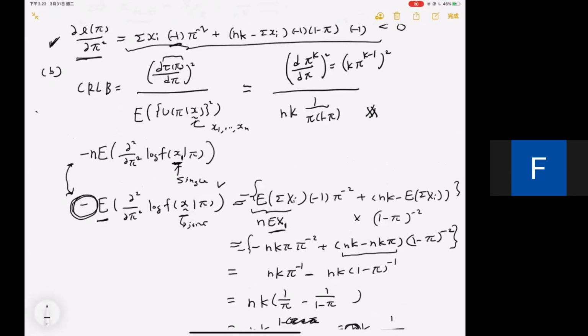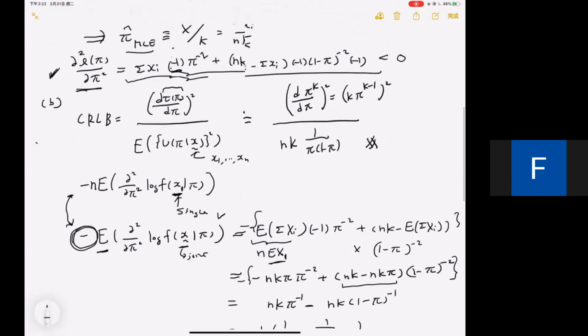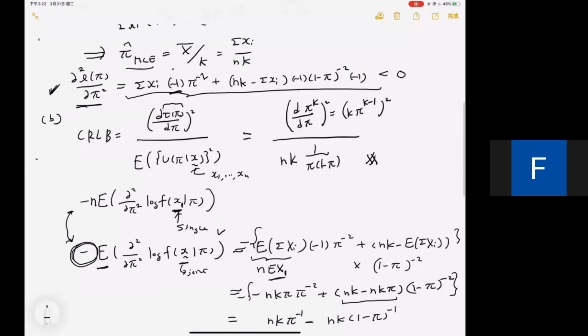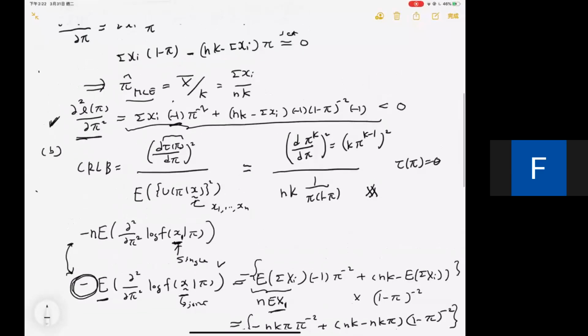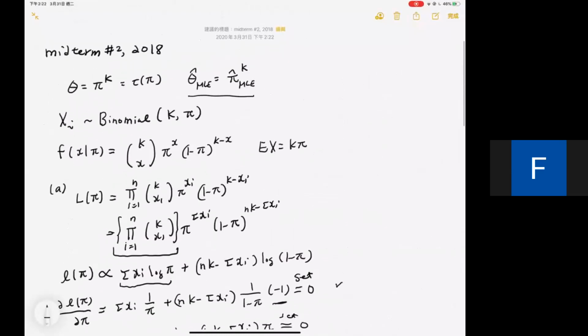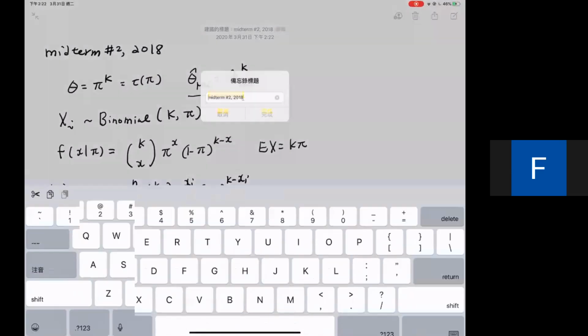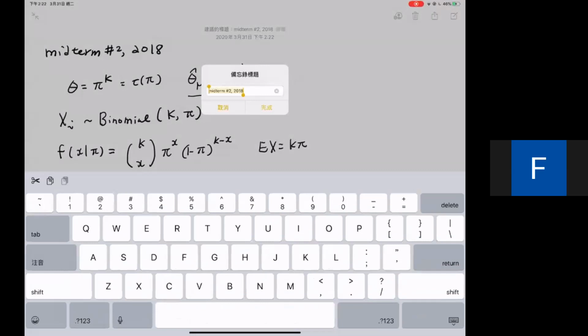Any question on B? I think this one is just straightforward, but you do need to identify what the tau function is as a tau pi equals to theta. Okay, good. So let me save it too, because some student asking for saving something and then P1.